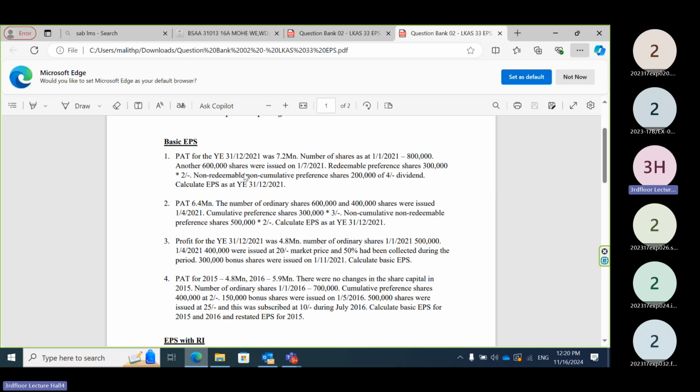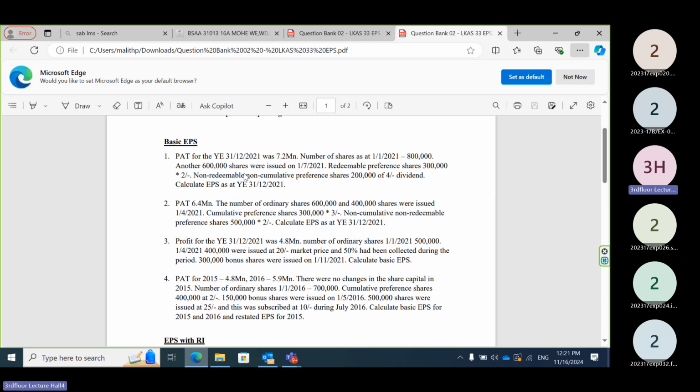So the 2% interest on 300,000 has already been deducted from the 7.2 million. Whatever payment the company made for these shares as interest has already been deducted. That's why it's called profit after tax. We don't need to do any adjustment there.